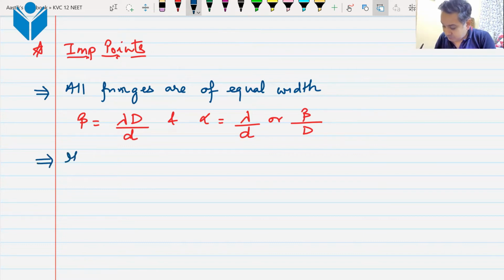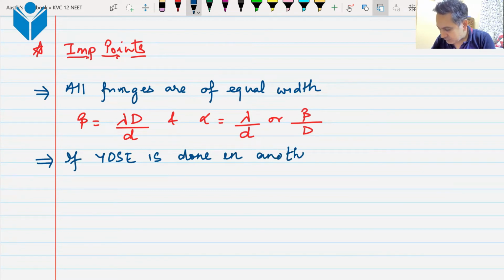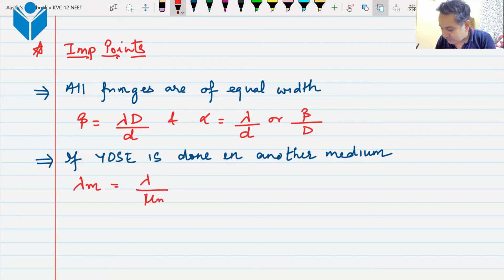Second thing, if YDSE is done in another medium, not air, but some other medium, what will happen? Your lambda in the medium will change, and that will become lambda in air divided by mu of the medium, because lambda keeps on changing.